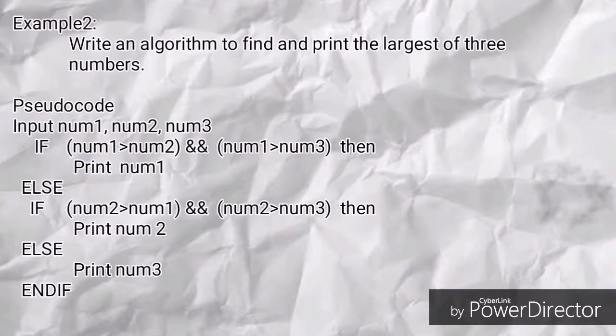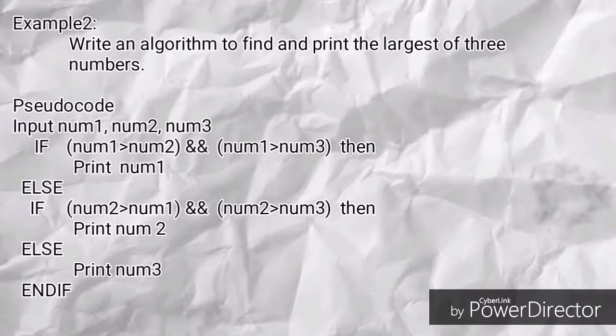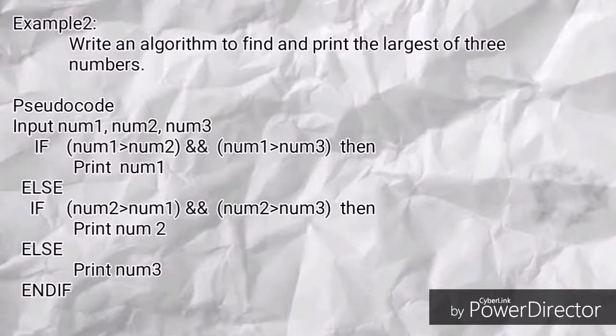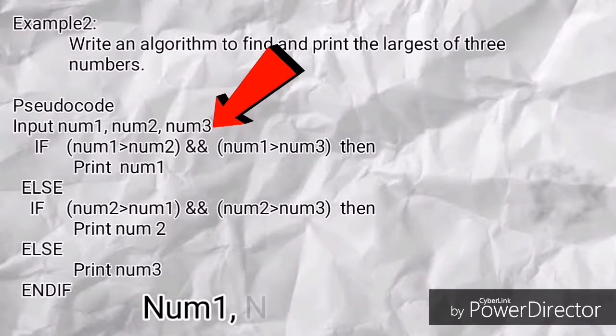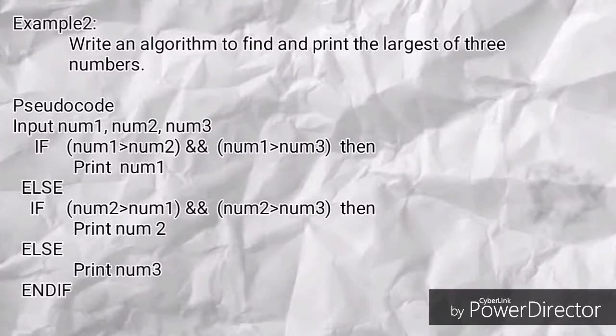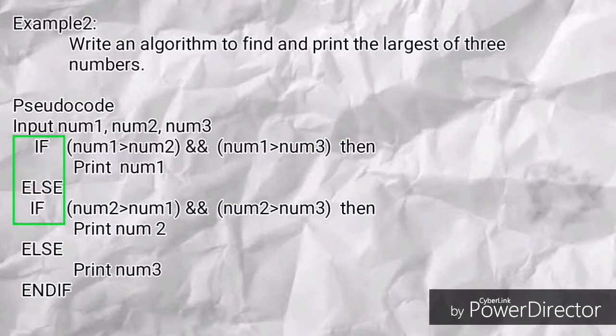Let us proceed now to my next example. Write an algorithm to find and print the largest of three numbers. First step, input num1, num2, and num3. And for the process, use an if-else condition to find and print the largest of three numbers.